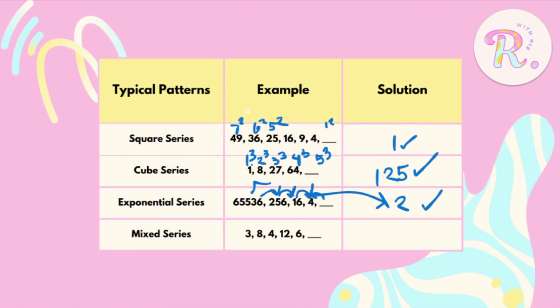And it could be increasing or decreasing, and we have to figure out which is which. 3 and 8, that would most likely be plus 5. 8 and 4, it could be divided by 2 or minus 4. 4 and 12, that is times 3. It could also be plus 8.